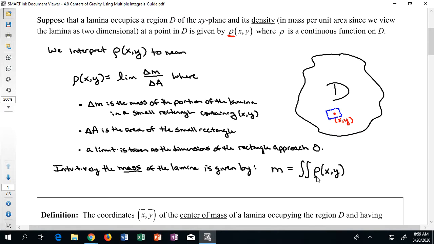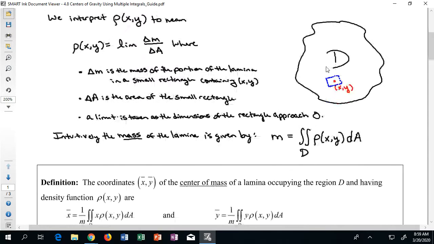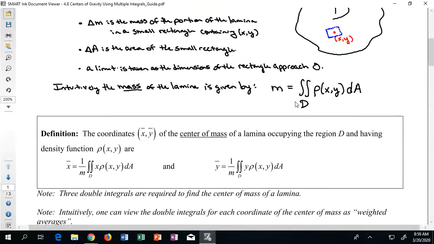And I could do that by treating this mass as a function of two variables, and if I want to go across all points in D, I could represent that as a double integral. You'll notice this is almost exactly the same formulation as what we did when we built a double integral. We had a function that took in points x comma y and spat out a result, and we were interested in moving across all points in the region. And we did that by chopping up the region into little square rectangular pieces. So this is the idea of what we have here for computing mass.